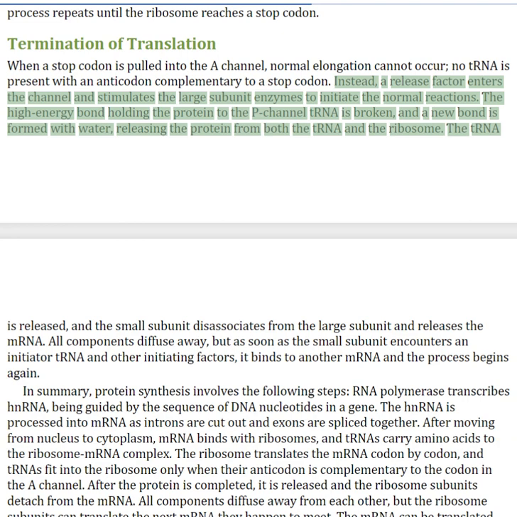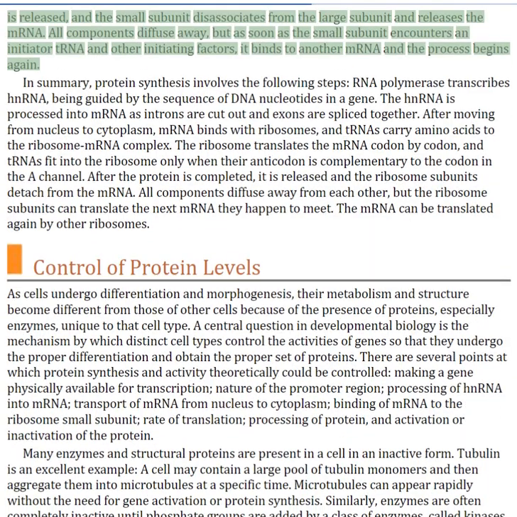The tRNA is released, and the small subunit dissociates from the large subunit and releases the mRNA. All components diffuse away, but as soon as the small subunit encounters an initiator tRNA and other initiating factors, it binds to another mRNA and the process begins again.